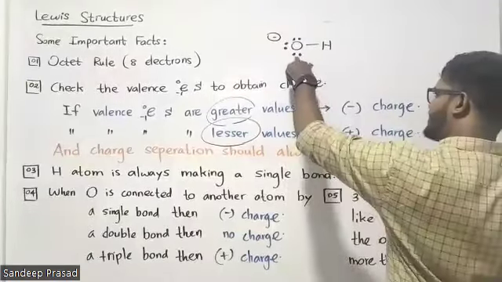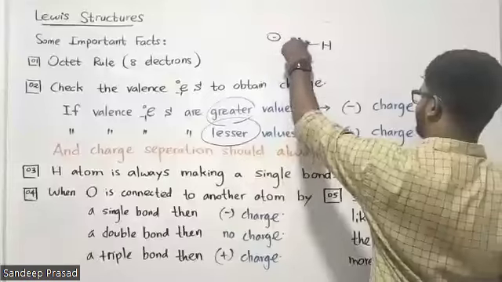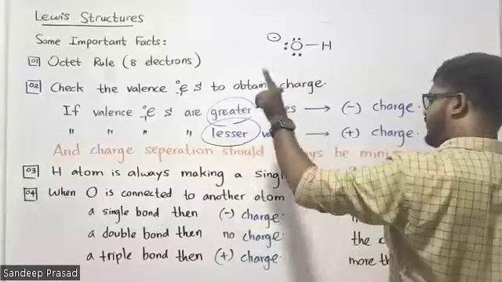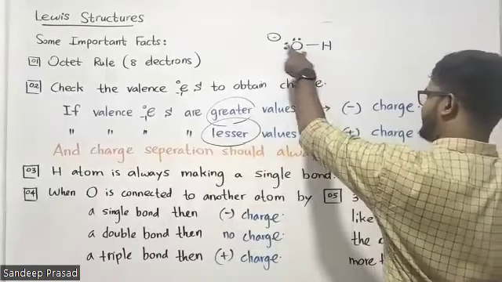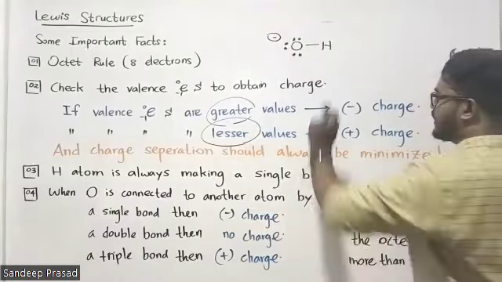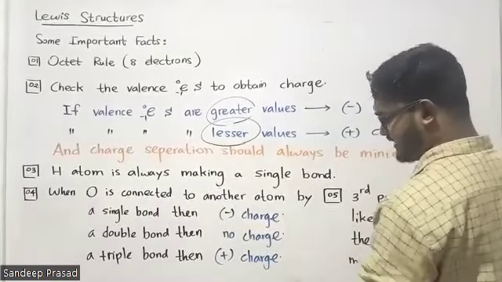Why? In the valence shell of oxygen there are 6 electrons, but here we have 1, 2, 3, 4, 5, 6, 7. That means one electron is in excess, so a negative charge belongs to the oxygen atom. Try to understand.